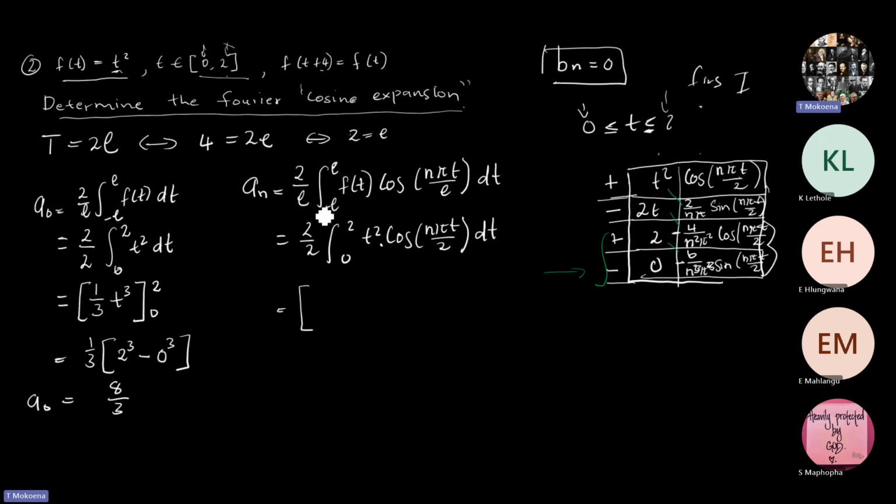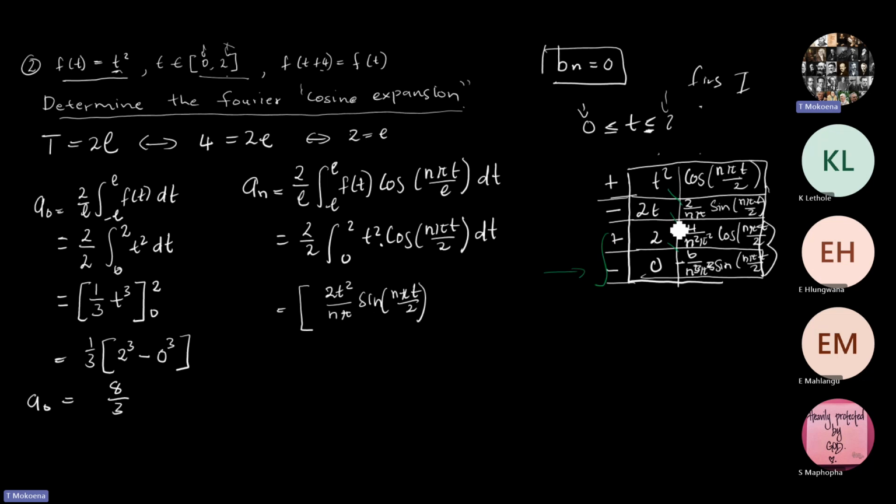And then the integral of this thing, we're going to take it from the table now. We're going to say t squared multiplied by this thing. So we're going to have 2t squared, right, divided by n pi sine n pi t over 2, close the bracket. And therefore, we come to this diagonal. It's a negative there.